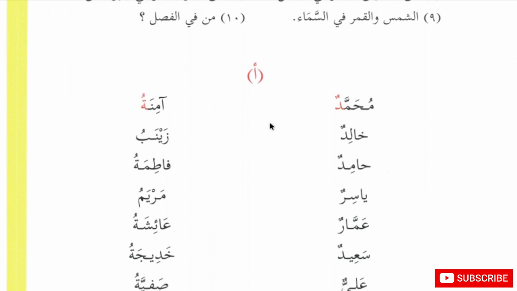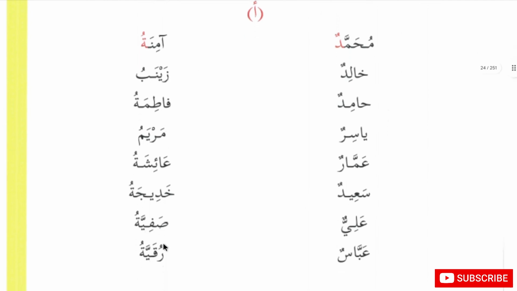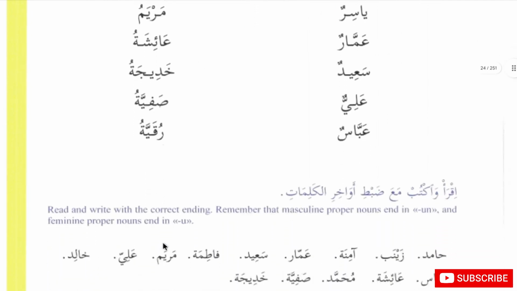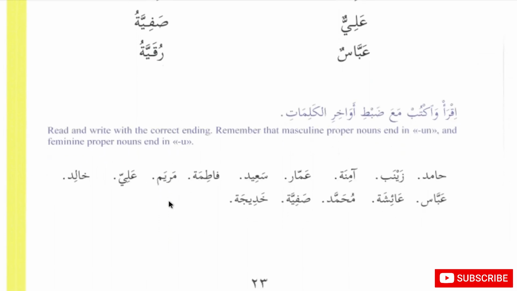Some more nouns here. Names: Muhammad, Khalid, Hamid. So all these are male names, and then all these are female names. Some more practice. Here they want you to put the right endings.